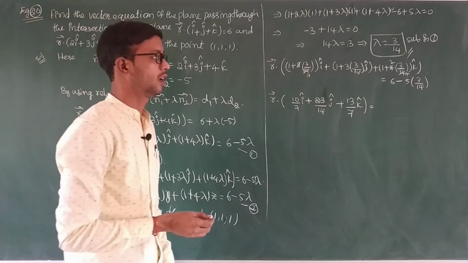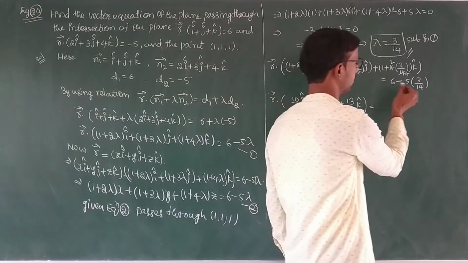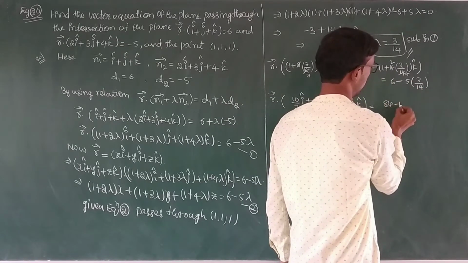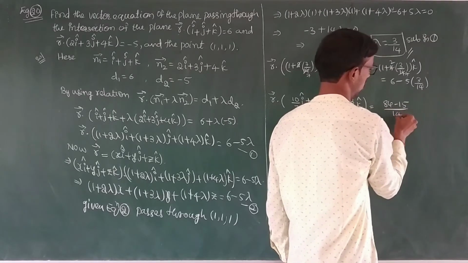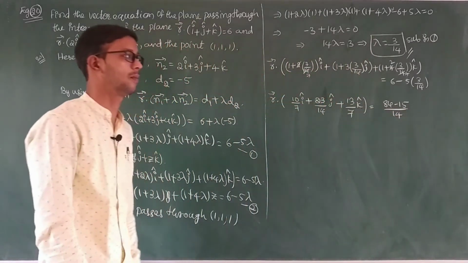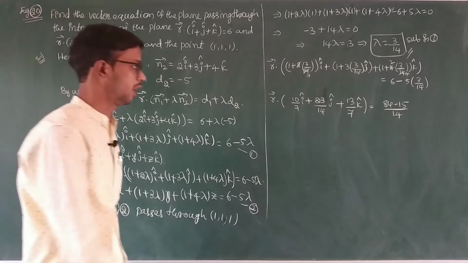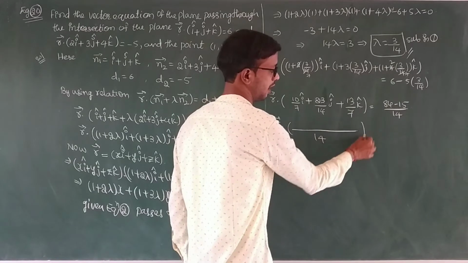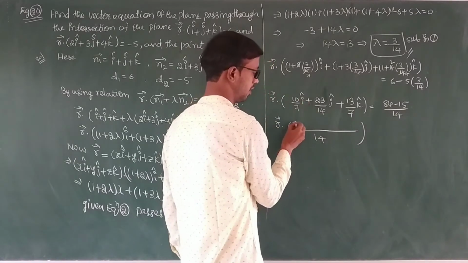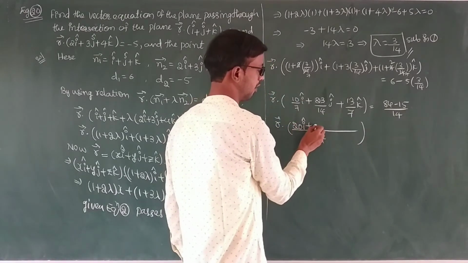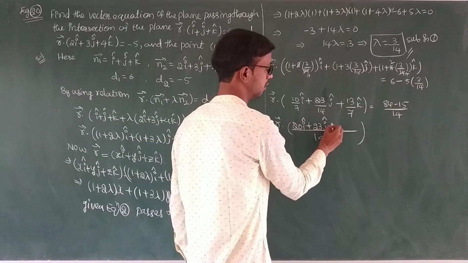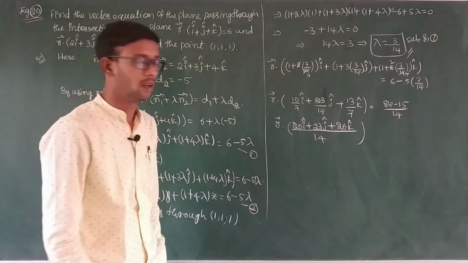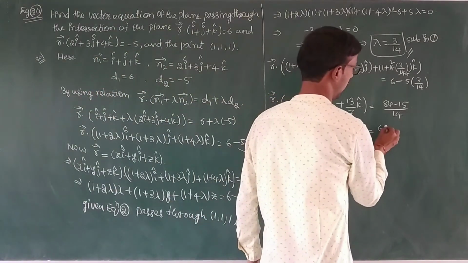So how much will we get here? 84 minus 15 by 14. Take the LCM here. 14 is the LCM, so here do multiplication. 20 I cap plus 23 J cap plus 26 K cap is equal to 69.